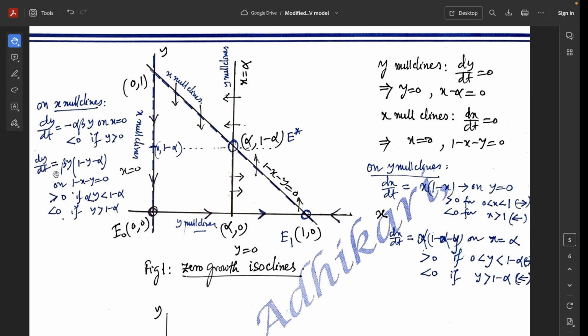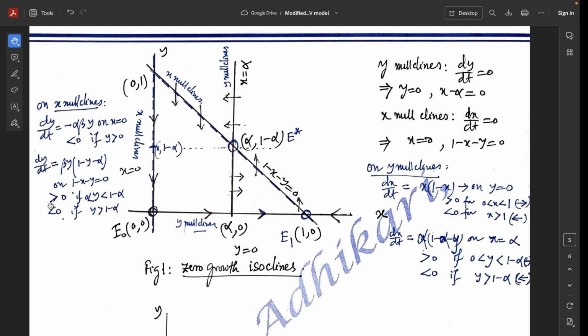So this dy/dt is positive for 0 less than y less than 1 minus alpha. 1 minus alpha is this portion, so for this portion, from 0 to 1 minus alpha, dy/dt is a positive quantity. So put an upwards arrow for this portion of the straight line on the x null lines.